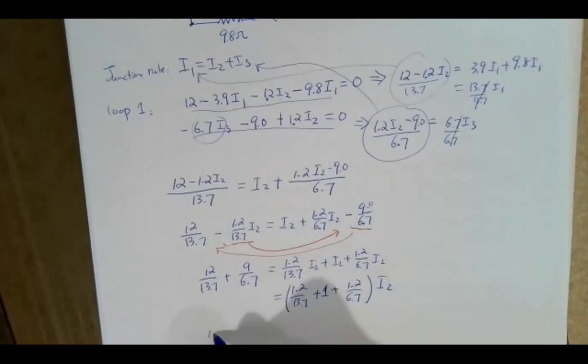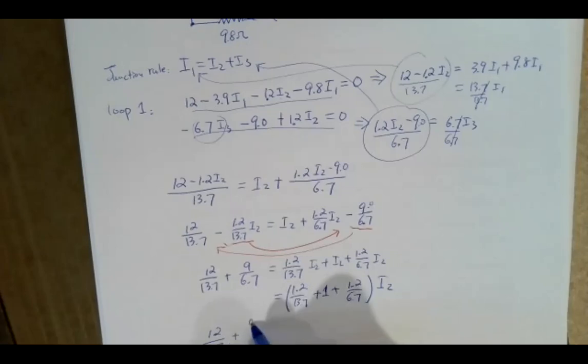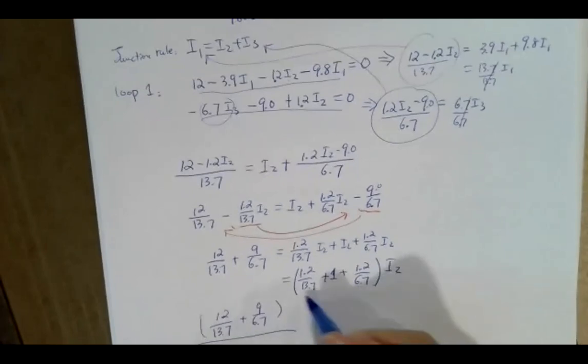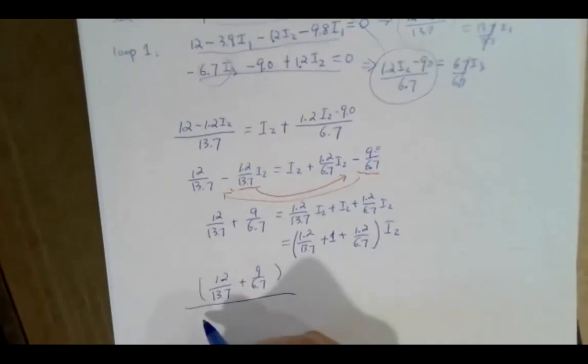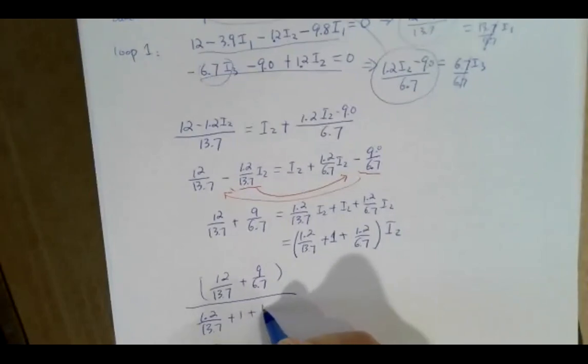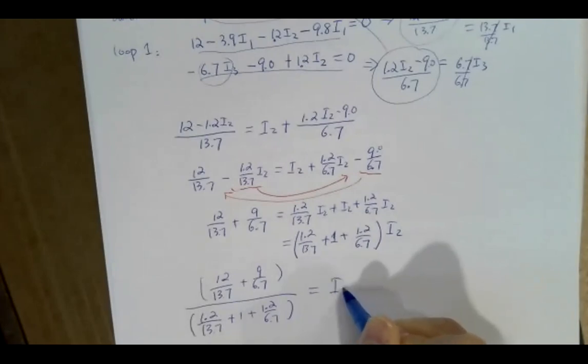So 12, this is 12, not 1.2. 12 over 13.7 plus 9 over 6.7 on the top, divided by this at the bottom. That's equal to your I2.